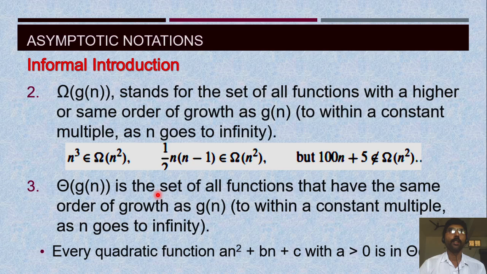Theta means you are providing an upper boundary as well as a lower boundary to our algorithm. If our algorithm stays within that boundary, we can say it's big theta.